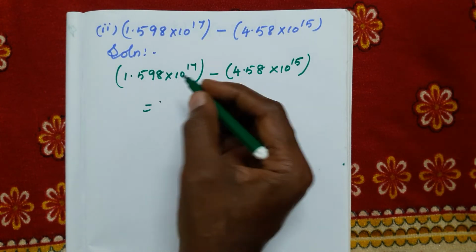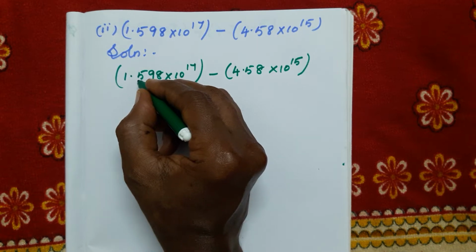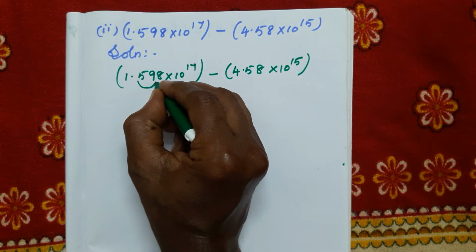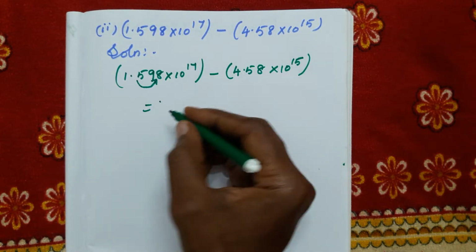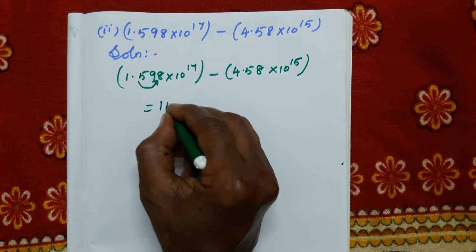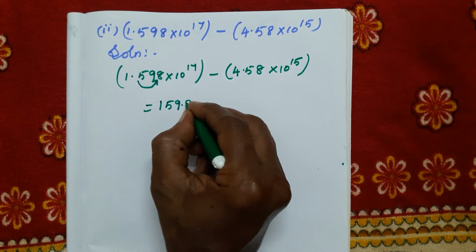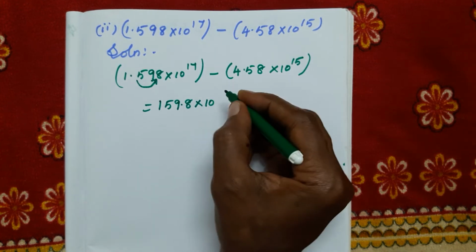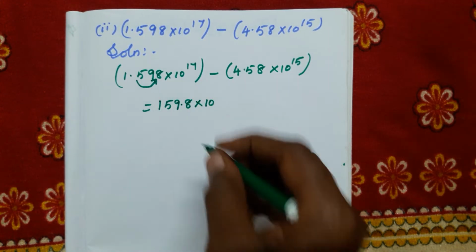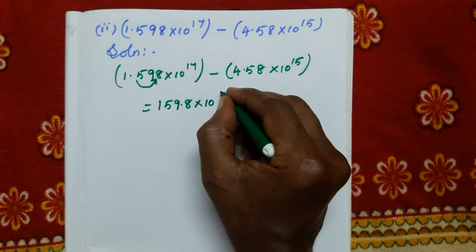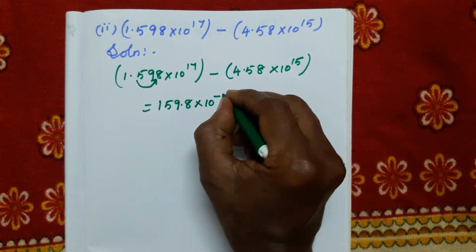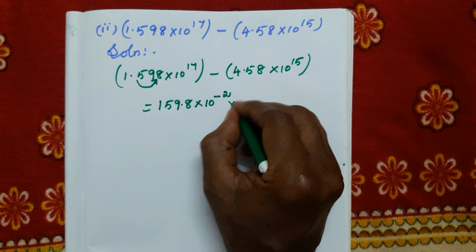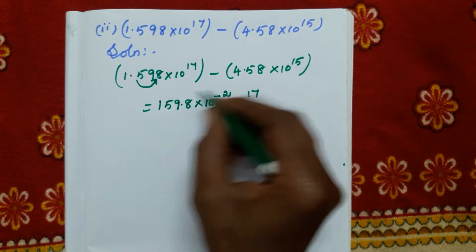1 point, here 2 digits when we are moving right, what will we get? 159.8 into 10 power, if you are moving here, what will we get, 10 power minus 2 into 10 power 17.